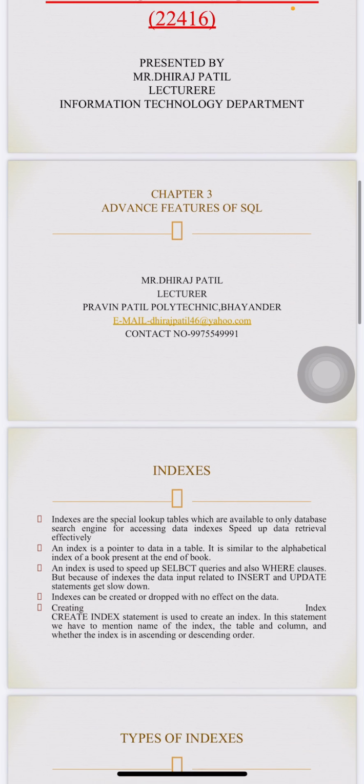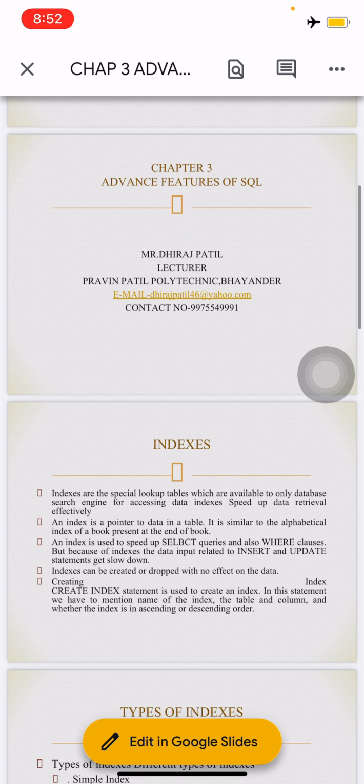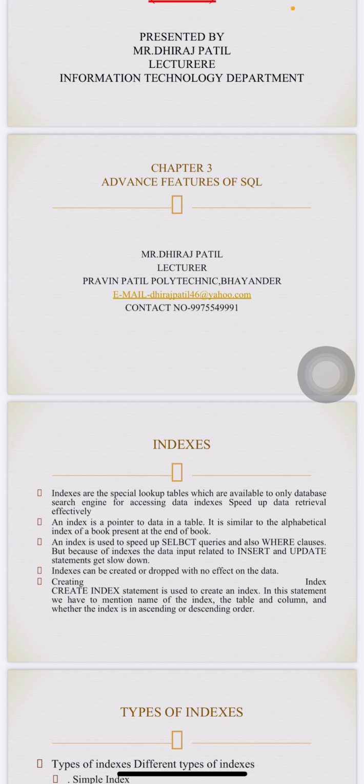So next is index. Indexes are special lookup tables which are available only to the database search engine for accessing data. Indexes speed up data retrieval efficiently. An index is a pointer to data in a table.